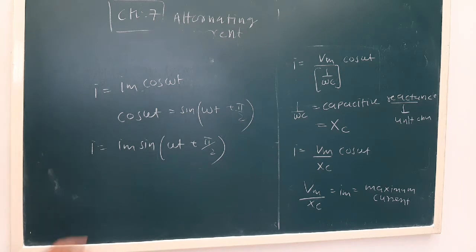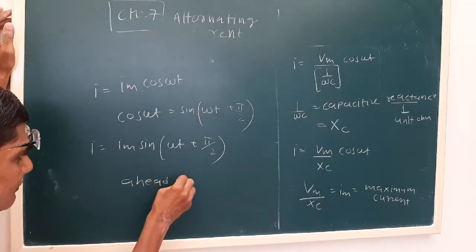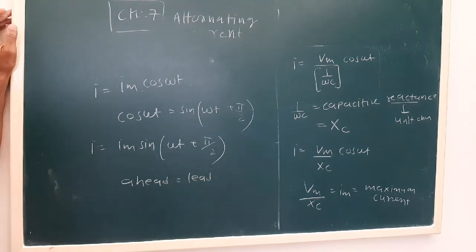See, in an AC circuit with only a capacitor, current is ahead. For the word ahead, we use the word lead. That is a terminology we are going to use.